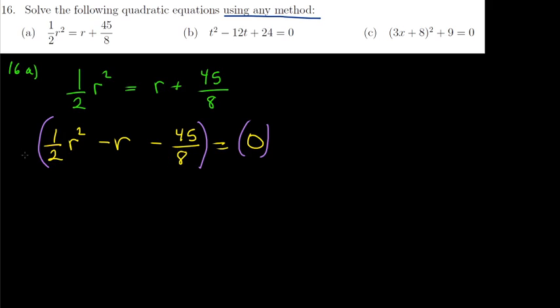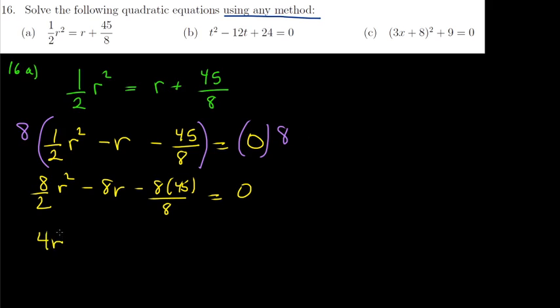We're going to multiply both sides by 8. And if we do that, what do we get? We get 8 over 2 times r squared minus 8 times r minus 8 times 45 divided by 8. And 0 times 8 is still 0. So we get 4r squared minus 8r, and then because the 8's cancel, minus 45 equals 0.